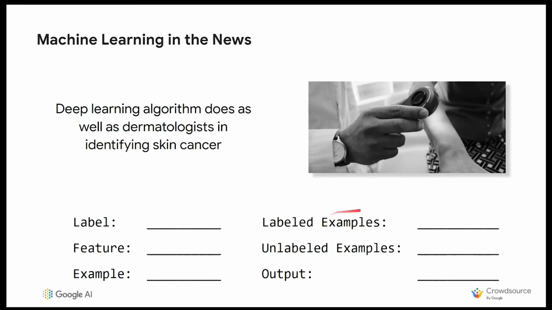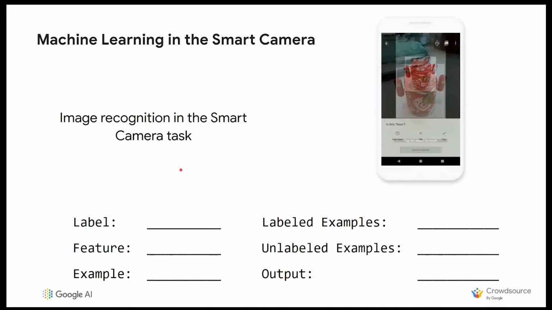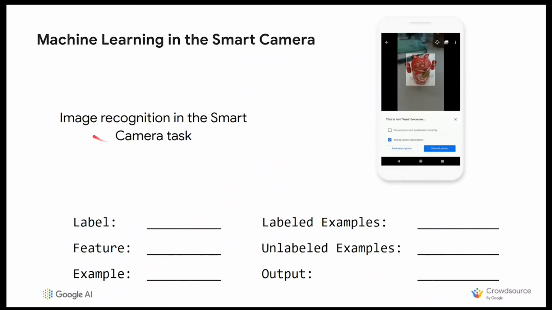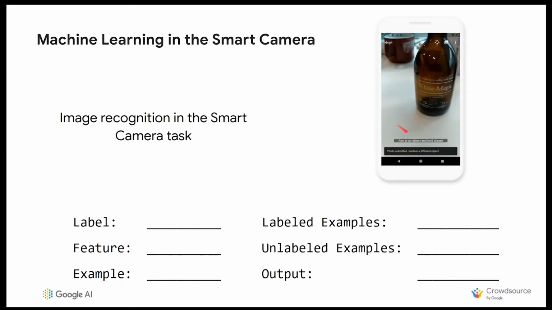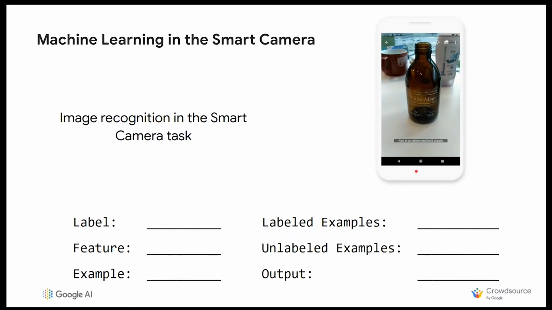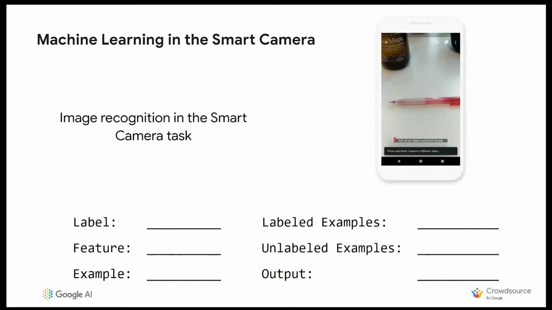So let's see another example. Now the task is a little different, but it is interesting: image recognition in the smart camera task. If you have observed this particular task in a module inside Google Crowdsource, you would have experienced it classifying different objects, object detection for different objects.